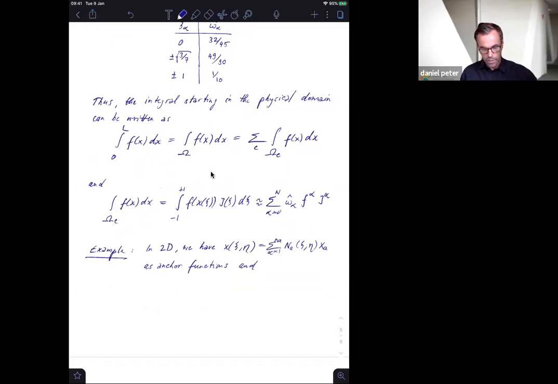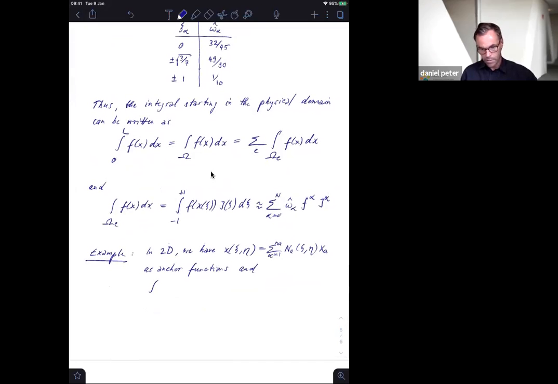So how would the integral that we have over our domain look now in two dimensions? It would look like the sum over our finite elements, which are now 2D elements.